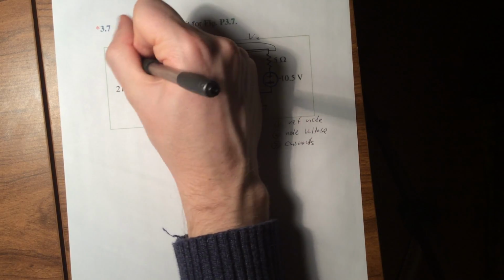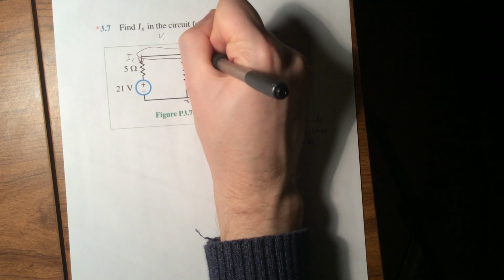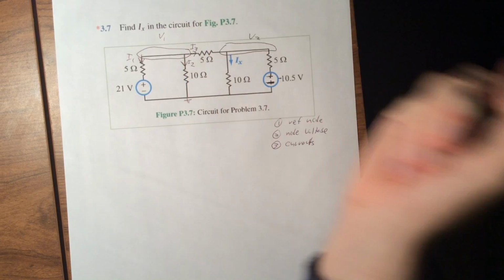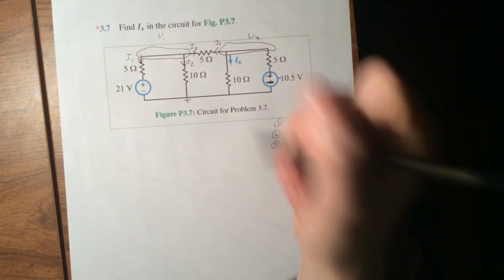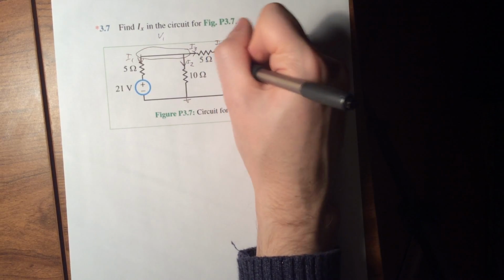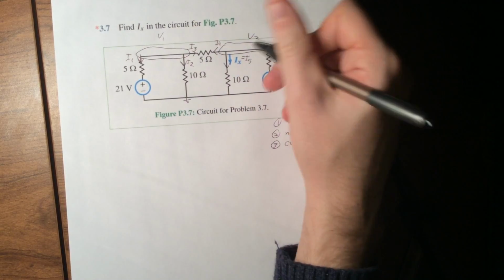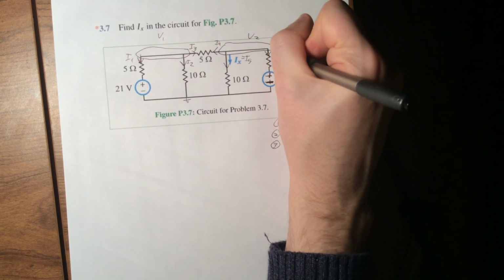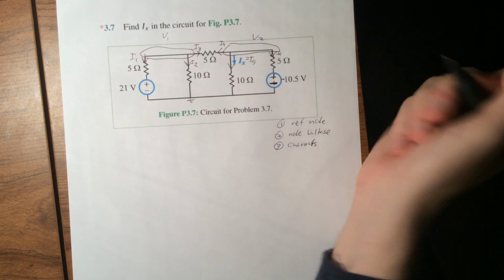This is going to be I1 up there, I2, this one's going to be I3, this is going to be I4, equals I5. So Ix equals I5. And this comes down, I6 coming that way. All right, that doesn't look too bad.